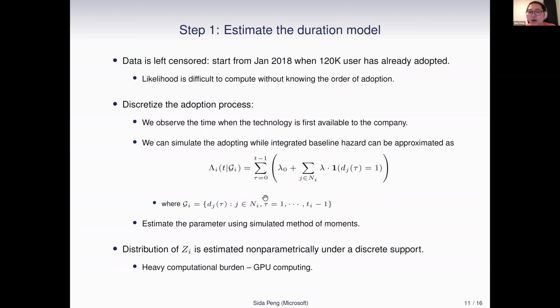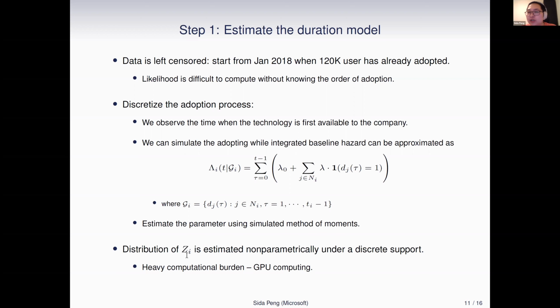And then we construct the moments to match on the number of adoptions, and estimate the parameters lambda and beta in the hazard process. Also, talking about the estimation of ZI, we want to estimate ZI non-parametrically on a discrete support.